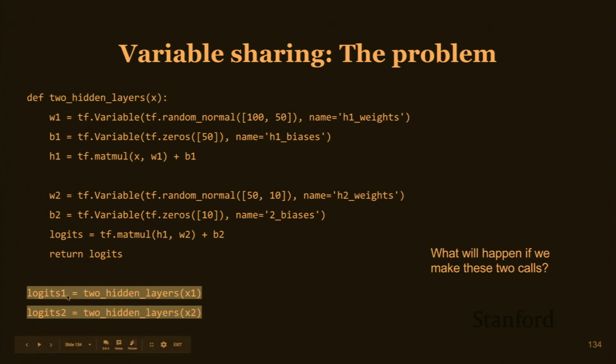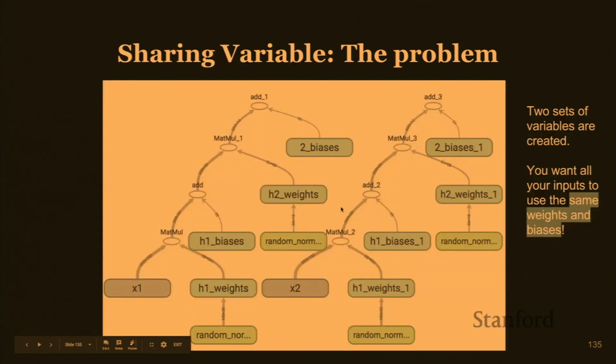When you call this neural network on these two values, there are going to be two sets of variables created, one for x1 and one for x2. And this is not what we want, because we want our weights and biases to be trained on the same inputs. So we want all our inputs to be used for all the weights and biases.